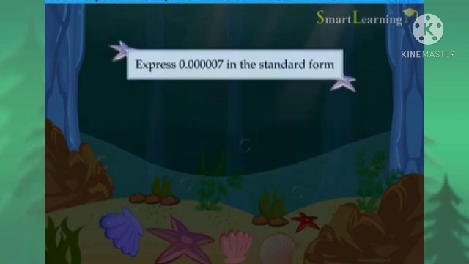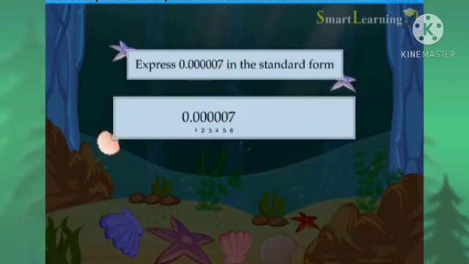Now let us try to express a very small number in the standard form. Here, we can see that there are 6 digits after the decimal point. Since this number is very small, to express this number in the standard form, we move the decimal point 6 places towards right, and multiply the resultant number by 10 raised to minus 6.